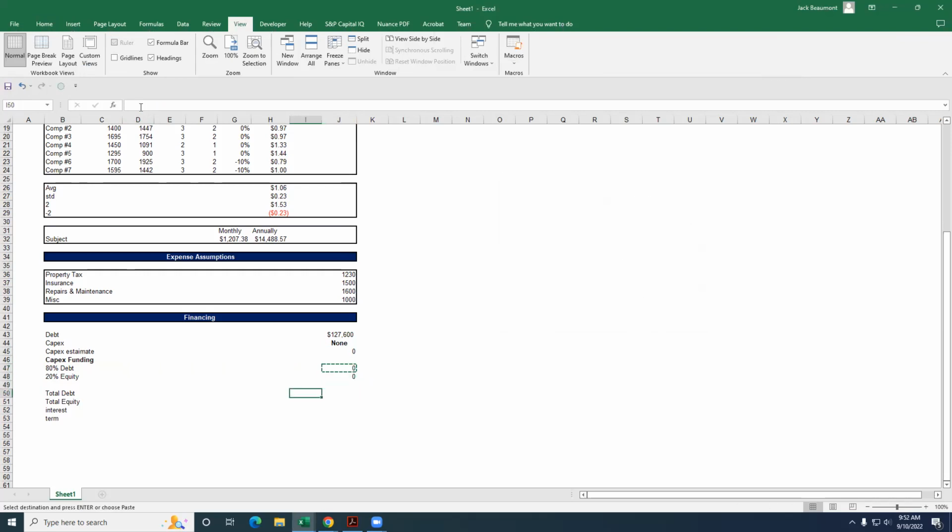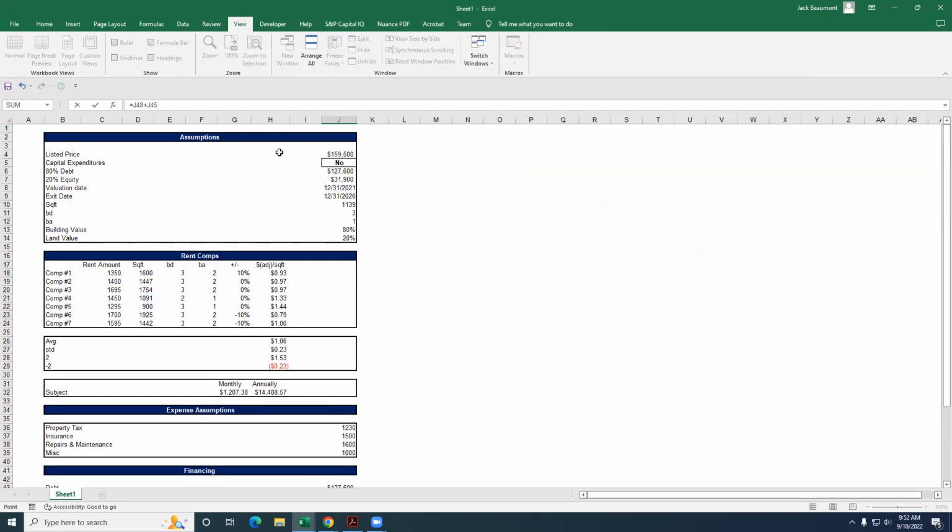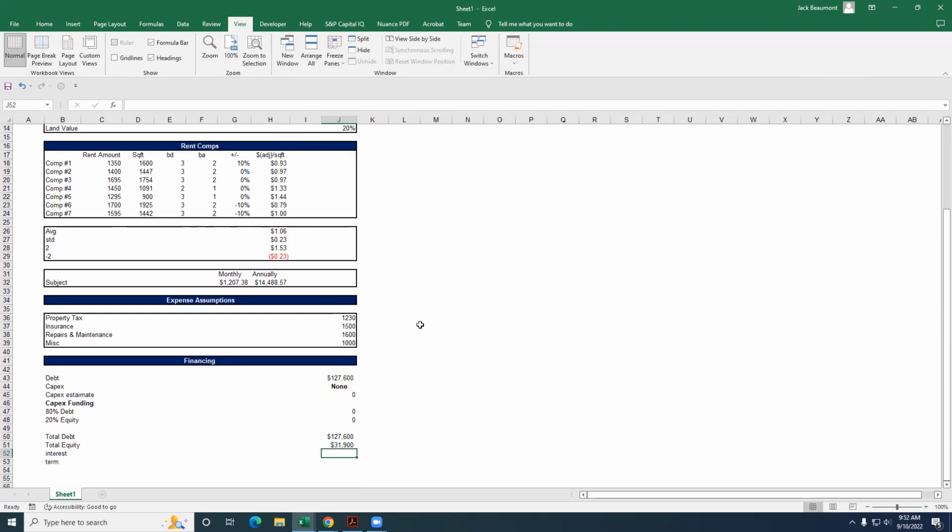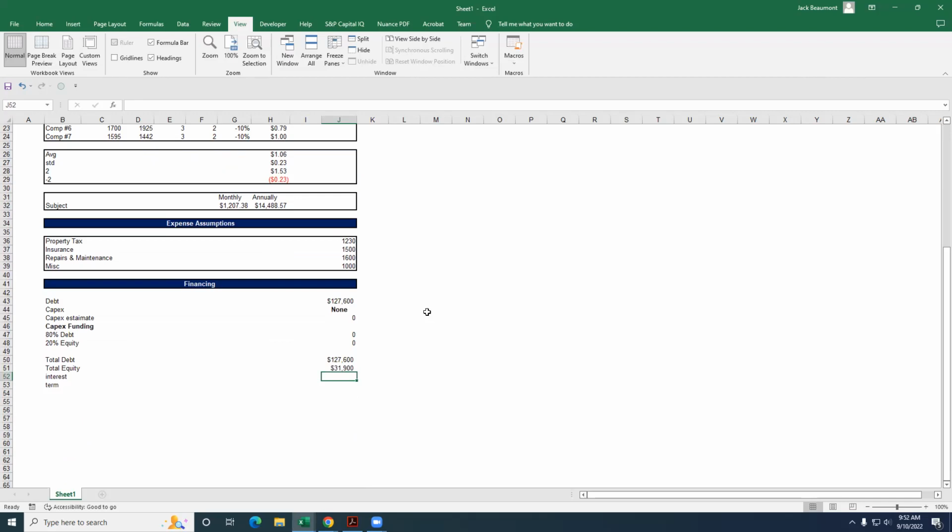Okay. And total debt's just going to equal that plus that. Same as equity, that plus, sorry, that plus, I didn't build any equity. That plus that. Okay.